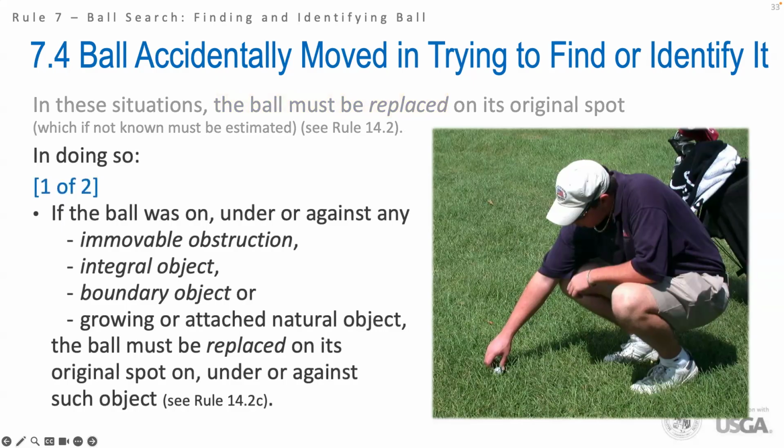So if the ball was on, under, or against any immovable obstruction, integral object, boundary object, or growing or attached natural object, it must be replaced. This is like that tree scenario I just talked about, but it must be replaced in its original spot, under or against such object.